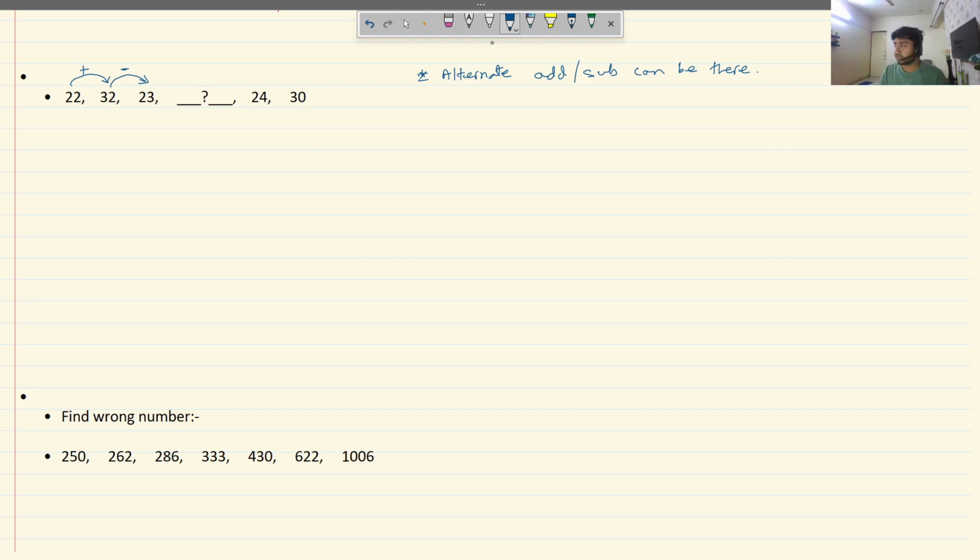So let's find the difference first. 32 minus 22 gives a difference of plus 10, but 23 minus 32 gives a difference of minus 9. I don't know this number, but whatever this number be, there would be some difference between that number and 23, and there would be a difference between 24 and this missing number, and the difference between 30 and 24 is plus 6.